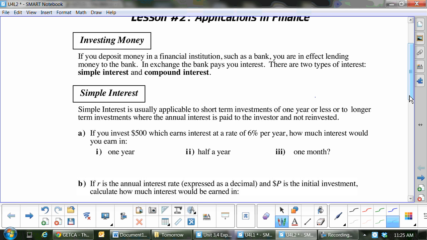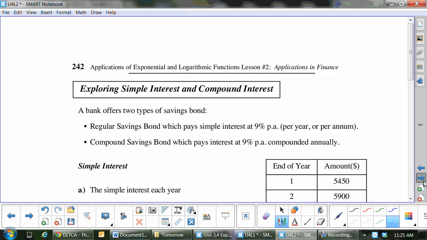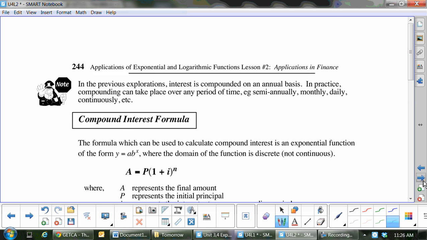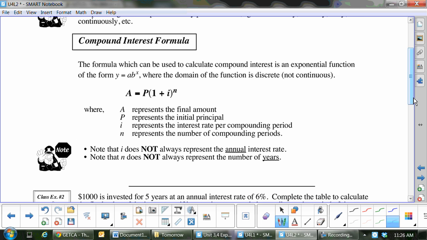Now, let's skip right to the compound interest formula, which is a couple pages away here. Okay. So the compound interest formula is A equals P(1 plus i) to the n. Now, do you see how logs are going to come in handy whenever we need to find that n? Okay?